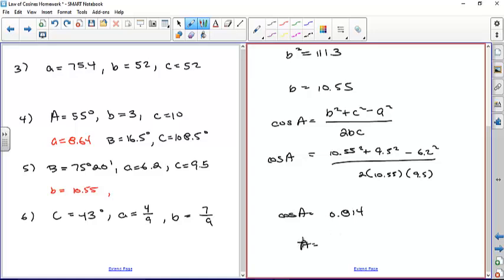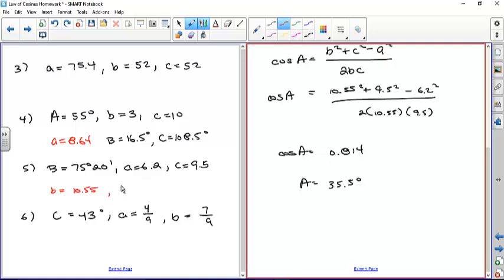So A is the inverse cosine of that number, which is 35.5 degrees. So that's A, so I'll write that down.